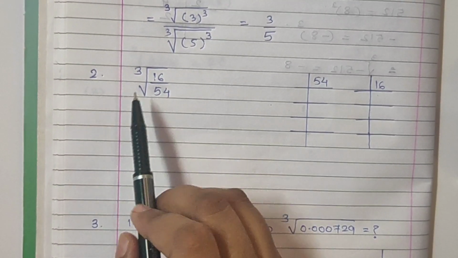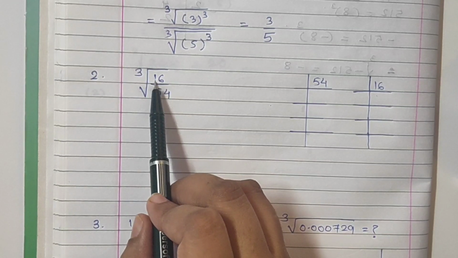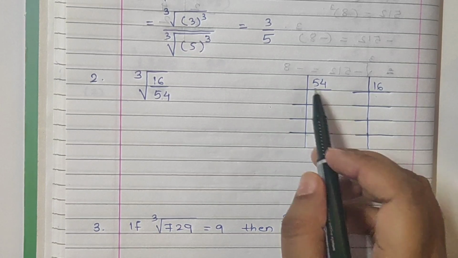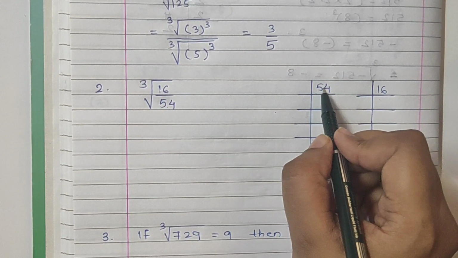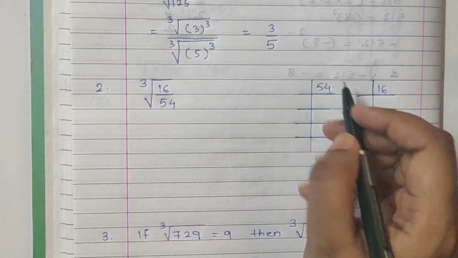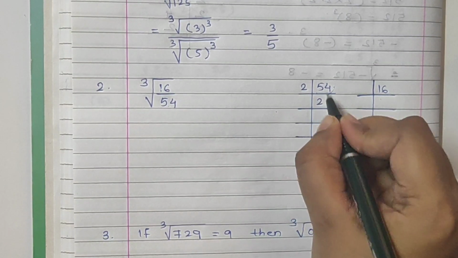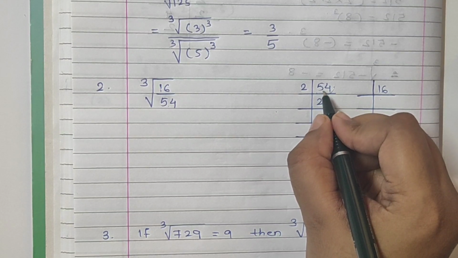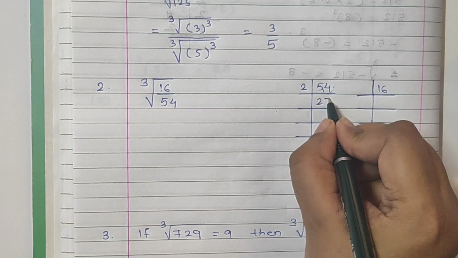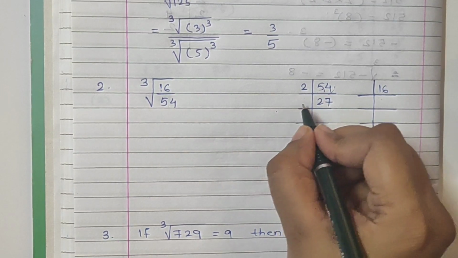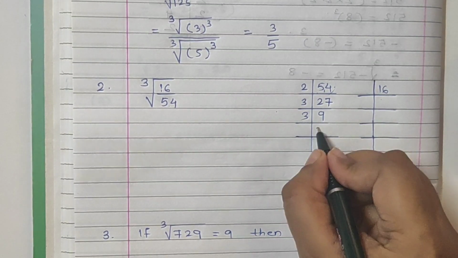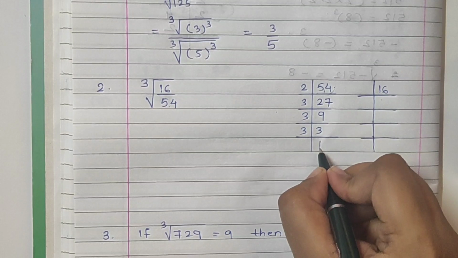Next question is cube root of 16 upon 54. You have to first take factors of 54 and 16. 54. At unit place 4 is there, which is divisible by 2. So 2 2s are 4. 5 minus 4, 1. That is, it will become 14. 2 7s are 14. 3 9s are 27. 3 3s are 9. 3 1s are 3.